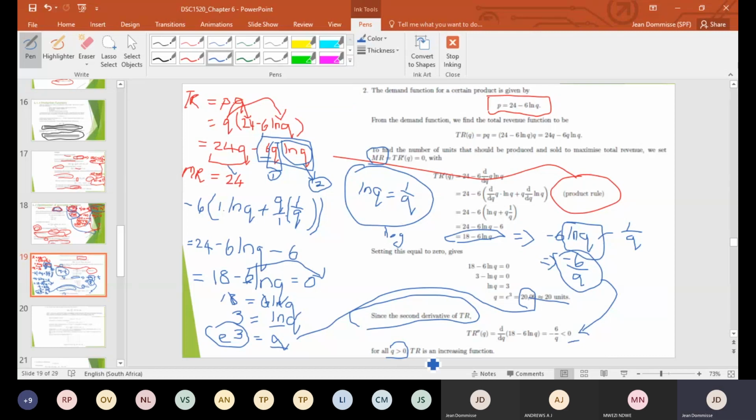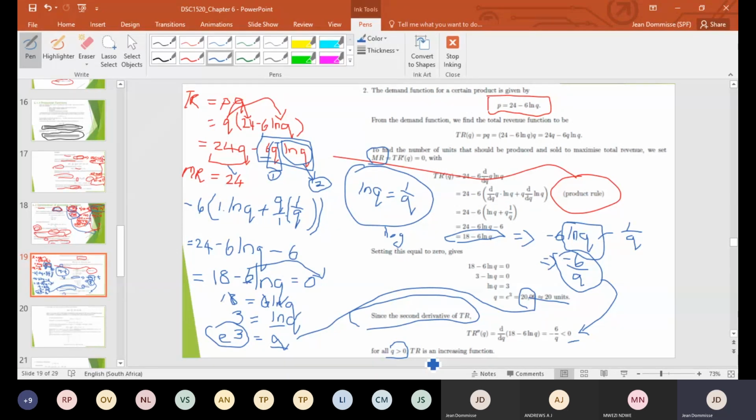So again, I must check some of the previous papers. If I ask, it can be that they say work out, and they can give you the options to say marginal revenue is this, is it an increasing function or not?